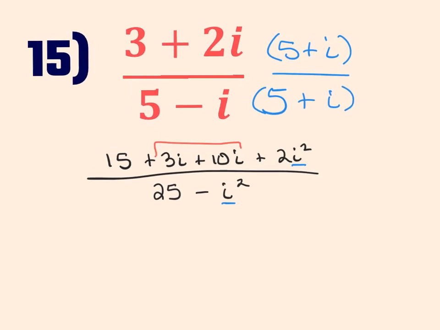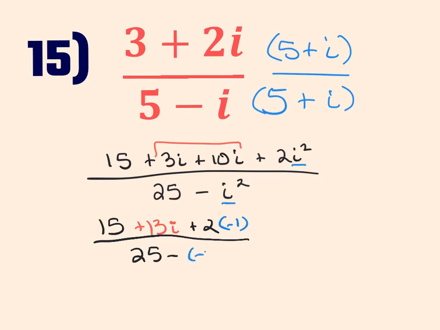So now I have 15 plus 13i plus 2 times negative 1. And then the denominator is 25 minus negative 1. I can multiply this and get 15 plus 13i minus 2 over 25 plus 1.